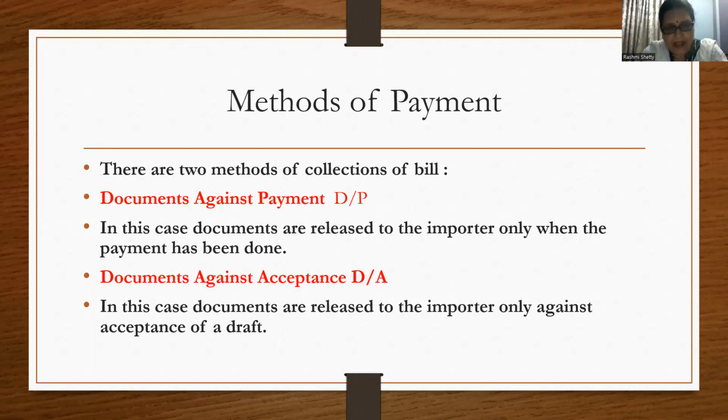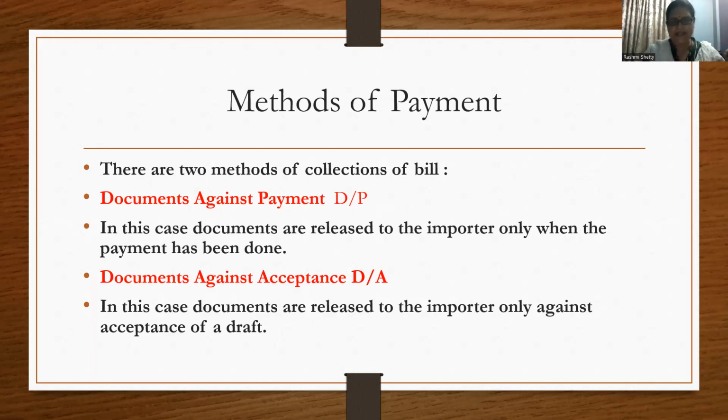The importer's bank will hand over the documents to the importer. It will be done in two ways. One is documents against payment, popularly called DP. The exporter gives the documents to his bank, his banker sends them to the importer's bank, and the importer's bank will release the documents to the importer only when the payment has been done.